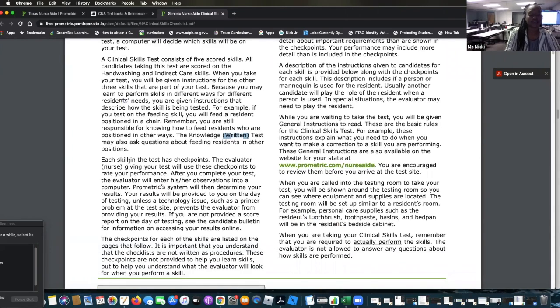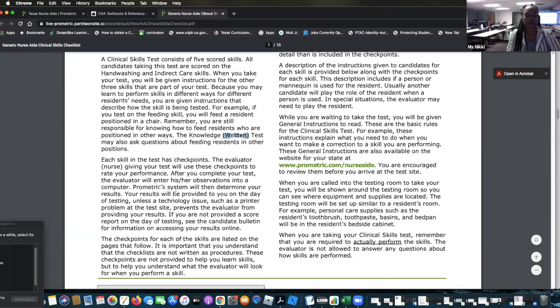Okay, next. Each skill in the test has checkpoints. The evaluator, who is an RN giving your test, will use these checkpoints to rate your performance. After you complete your test, the evaluator will enter his or her observations into the computer. So all this is computerized. It's so awesome. Whereas before, everything was paper and the old fax machine way. The Prometric system will then determine your results, and your results will be provided to you on the day of testing.